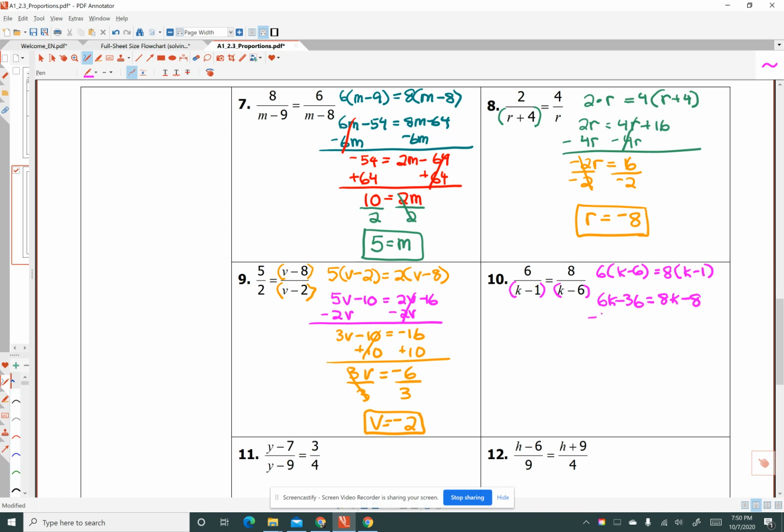I'm going to subtract 6k from each side. And that leaves me with negative 36 equals 2k minus 8. I will add 8 to each side.